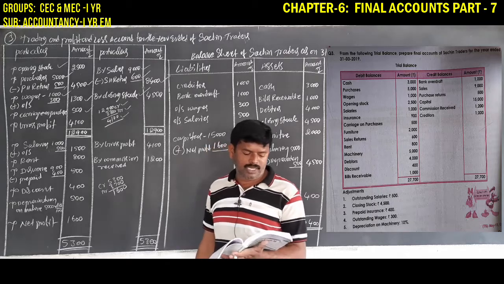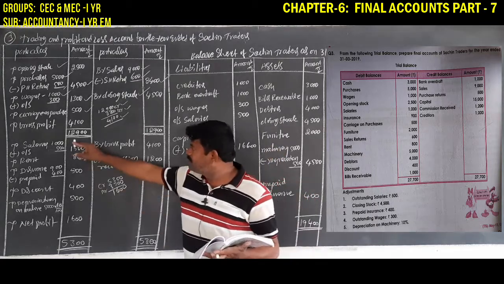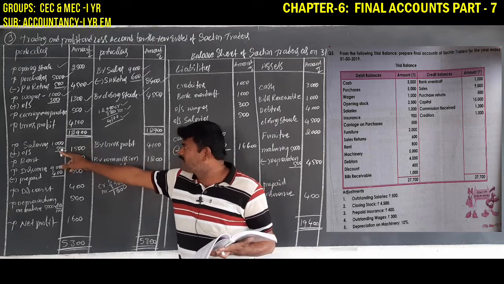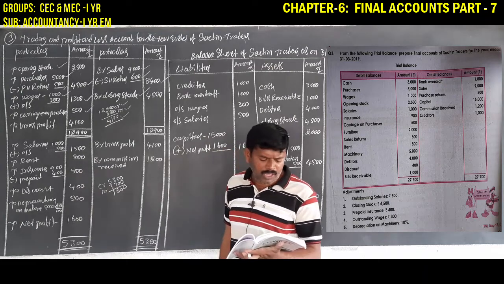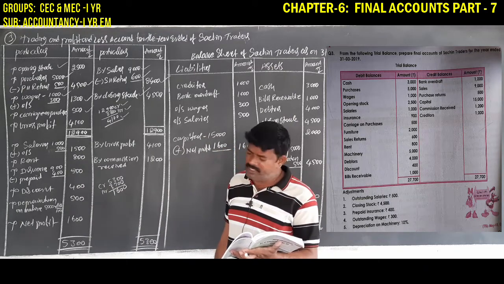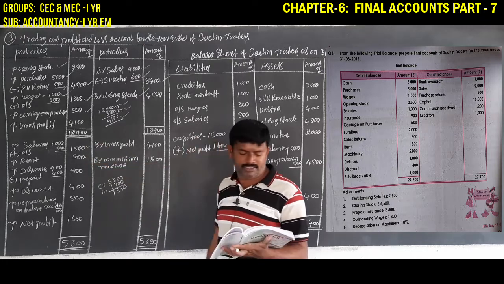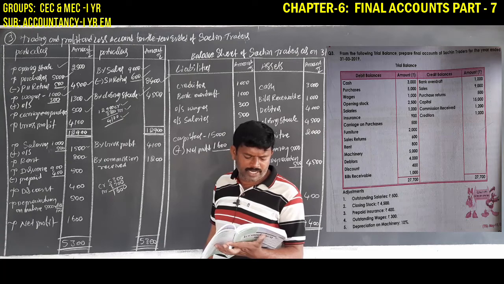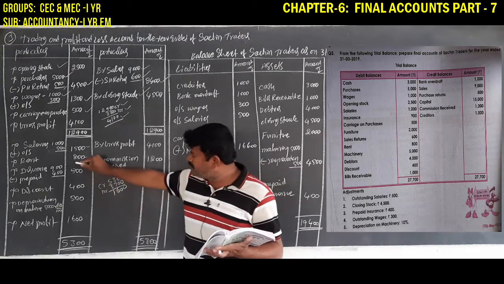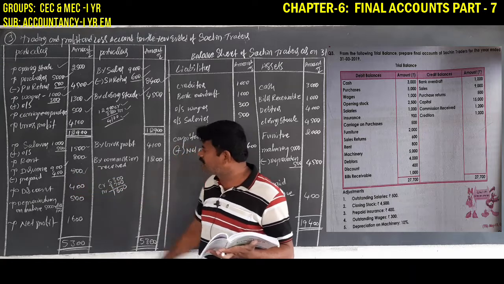So first observe in the trial balance debit side, salaries is there, and outstanding salaries given in the adjustment 500 rupees, so 1,500 rupees. Rent is also given in the trial balance debit side, rent 800 rupees. Next, insurance is given in the trial balance debit side 900 rupees and prepaid insurance 400 rupees, so we get 500 rupees.